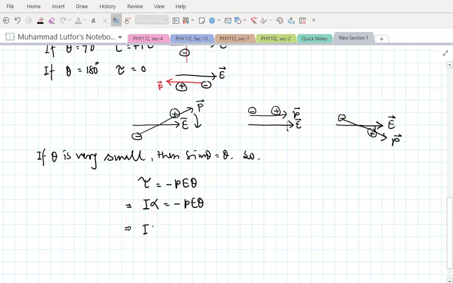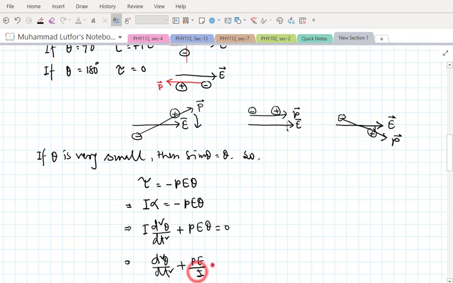This angular acceleration we can write in terms of angular displacement: I d squared theta by dt squared plus PE theta equal to 0, or d squared theta by dt squared plus PE over I theta equal to 0.